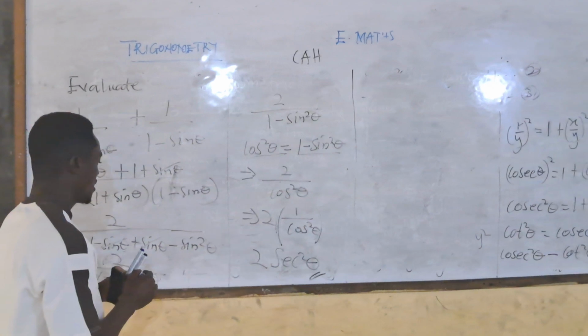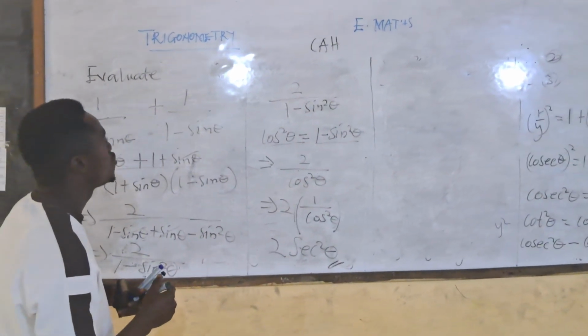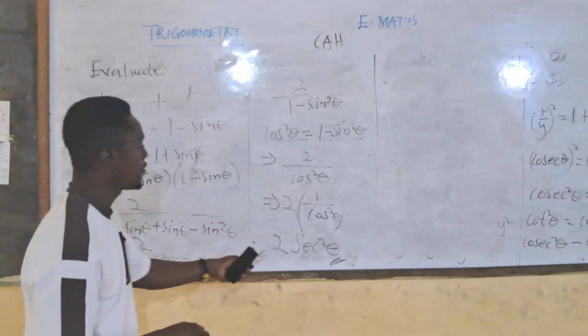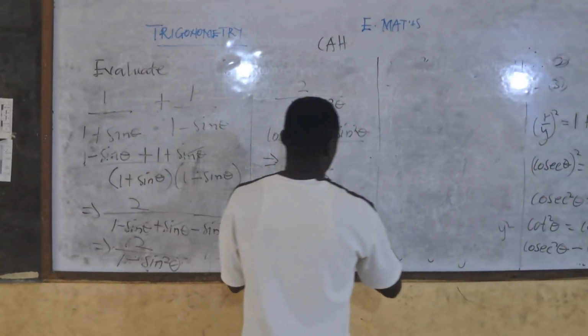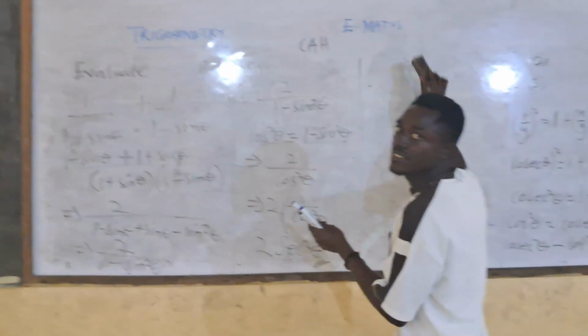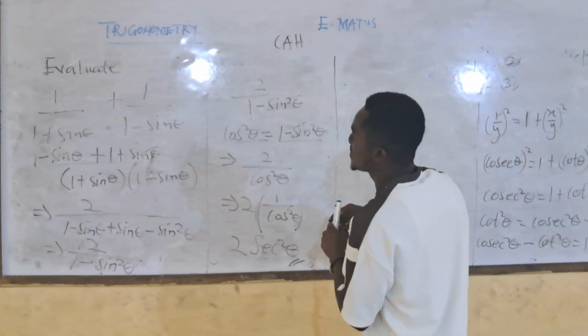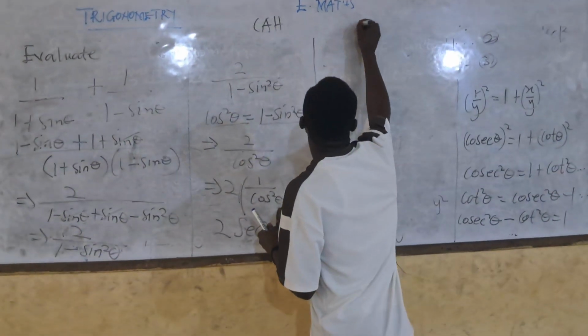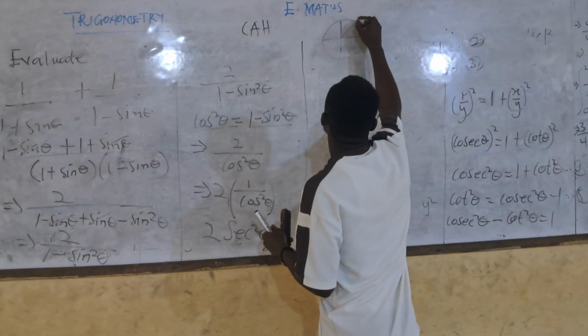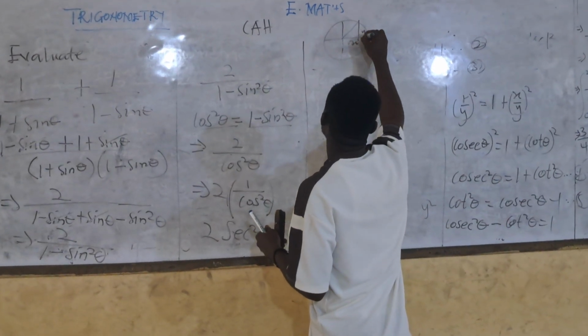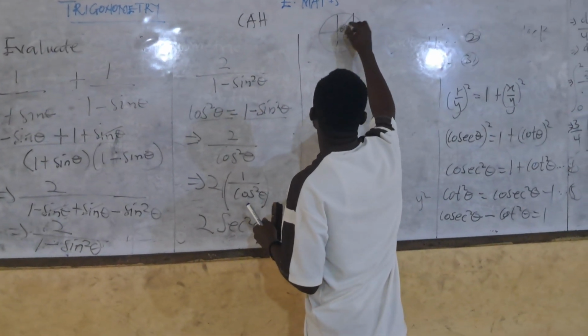If you also want to know more, or if you don't understand this side, let me go through it again. When we have the identities, we have our R here, X, Y, and the other was here.